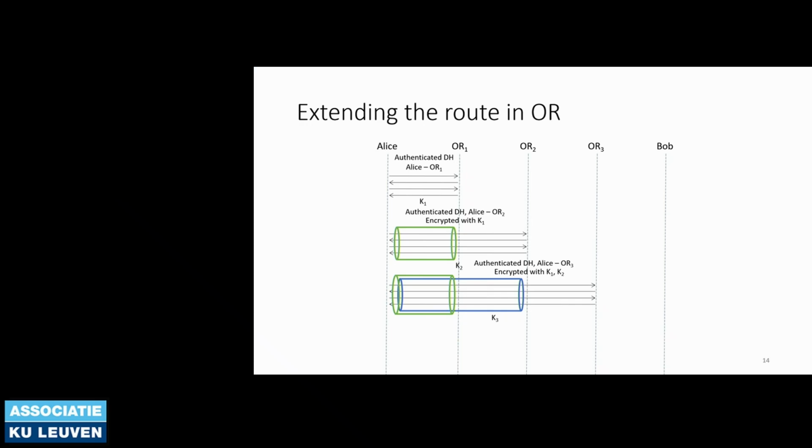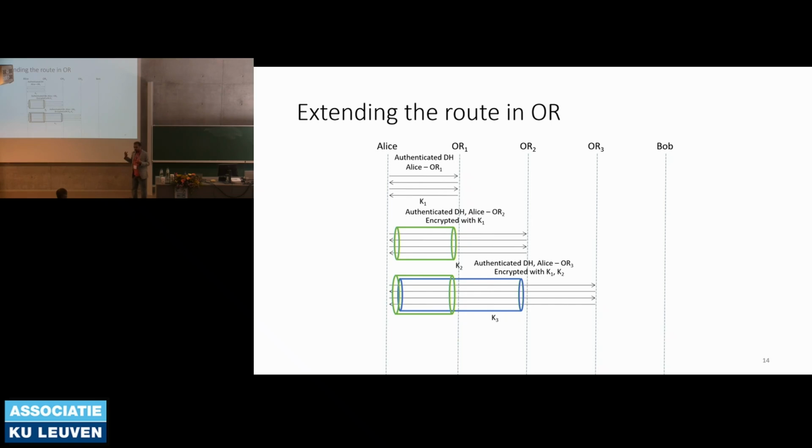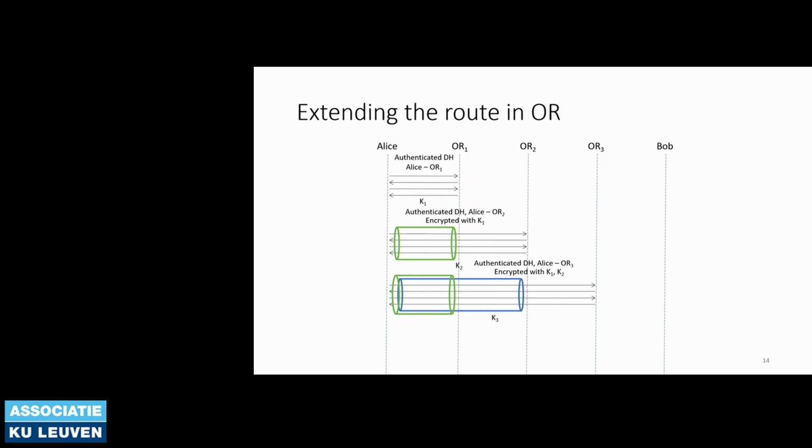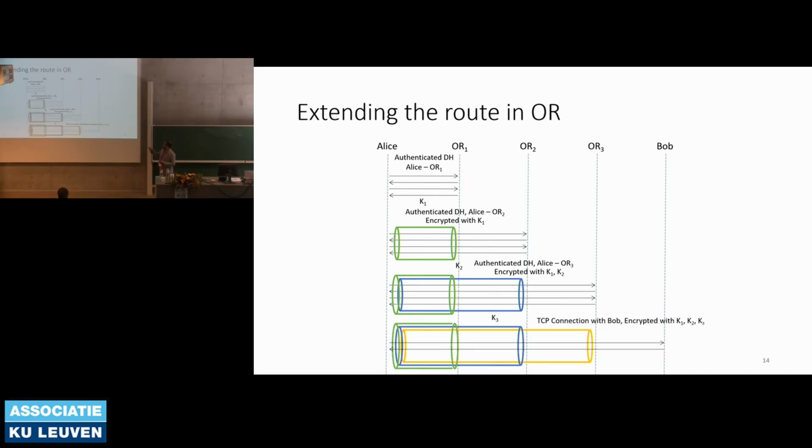Whatever Alice forwards through the second channel, onion router 2 receives it and sees that it has some packet. The packet could say extend, and then what to extend. And that what to extend is basically Diffie-Hellman key agreement with onion router 3. And that means finally Alice has a channel with onion router 1, onion router 2, onion router 3.